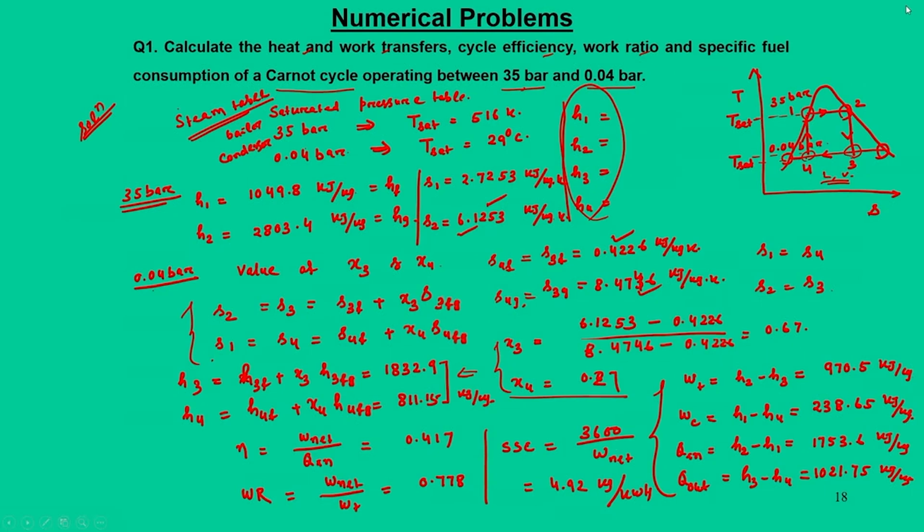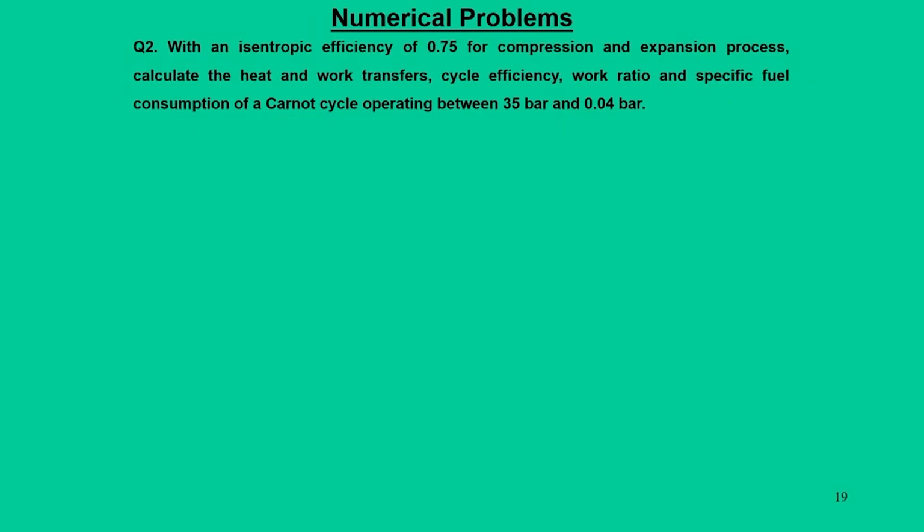This particular problem does not take process inefficiency into account. So, in the next problem, same problem, we incorporate the process inefficiency by recognizing it as isentropic efficiency for compression and expansion processes. The calculations remain the same, but the cycle should now look different: instead of a rectangle, the expansion process goes in this manner and the compression process goes in this manner.